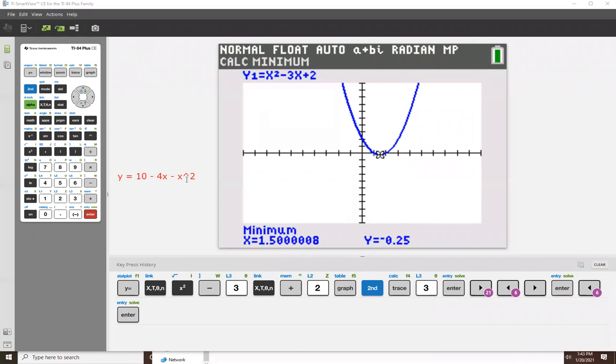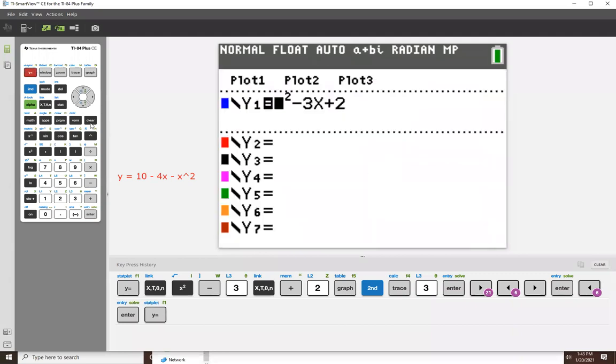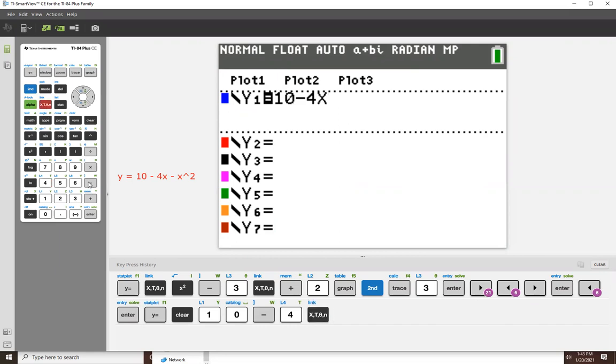So here's the next parabola, and let's plug it into the calculator. So we'll go 10 minus 4x minus x squared. There it is.